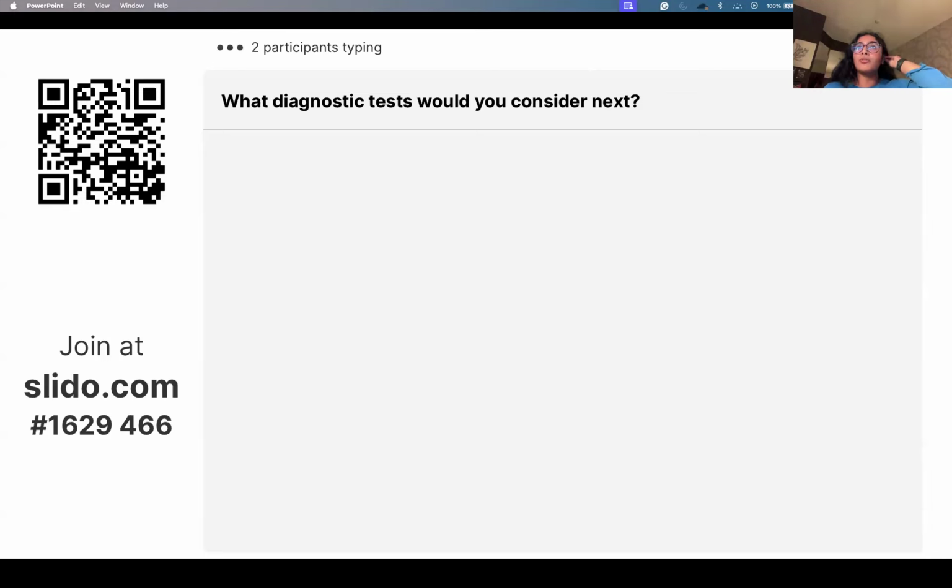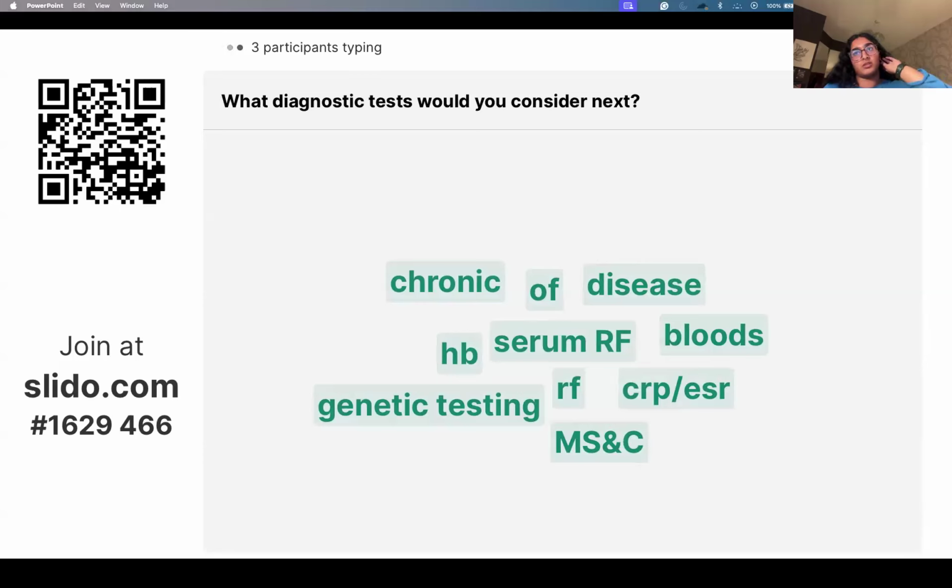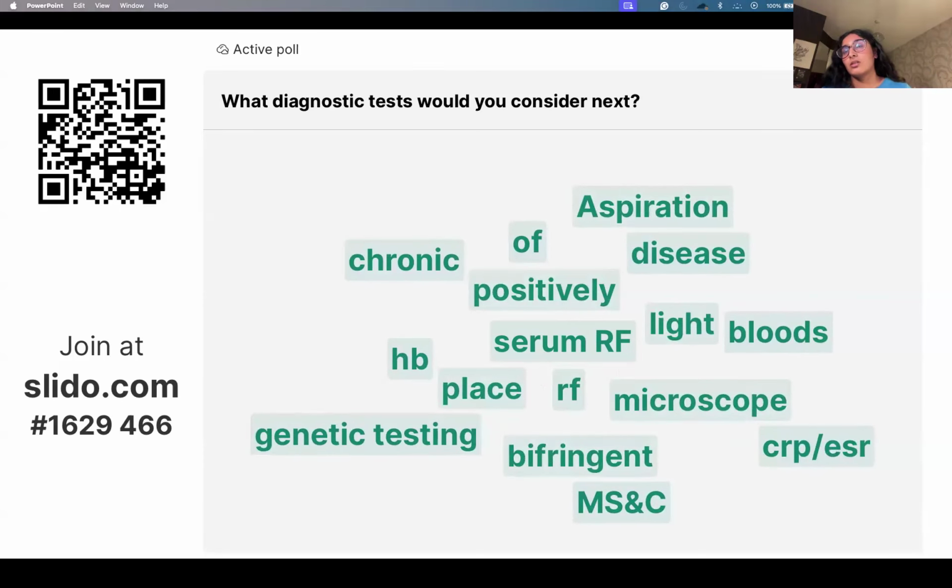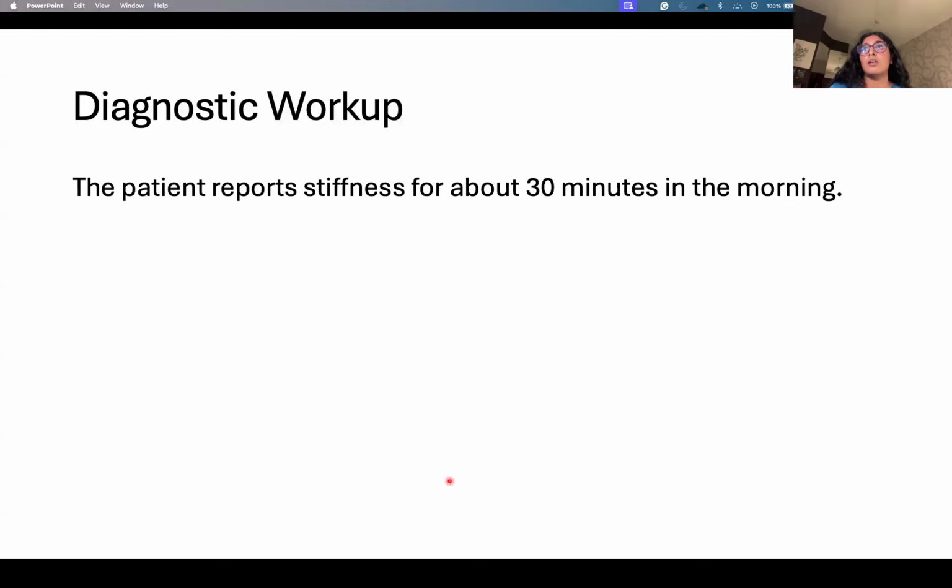Think broad first and then go into more specific. Okay. So we've got some really good keywords here. So if we're talking systematically, I can move on to the next slide, which I've done.